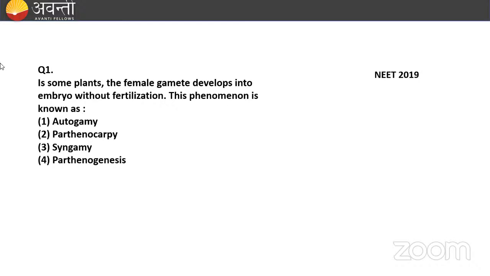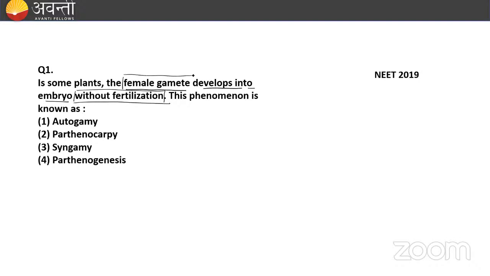So let's see what's the correct option. Those who have answered option 4 or option D, they're absolutely correct. See, students, the question is asking about the female gamete developing into the embryo without fertilization.